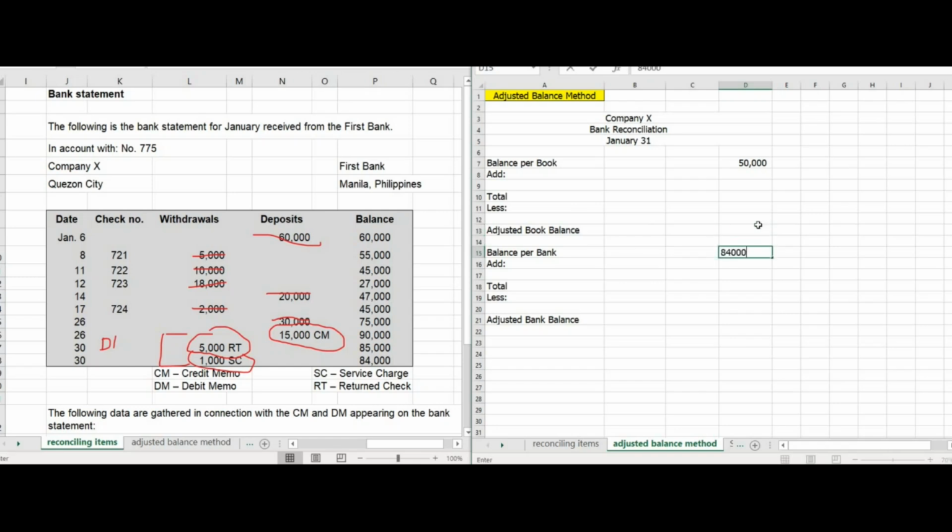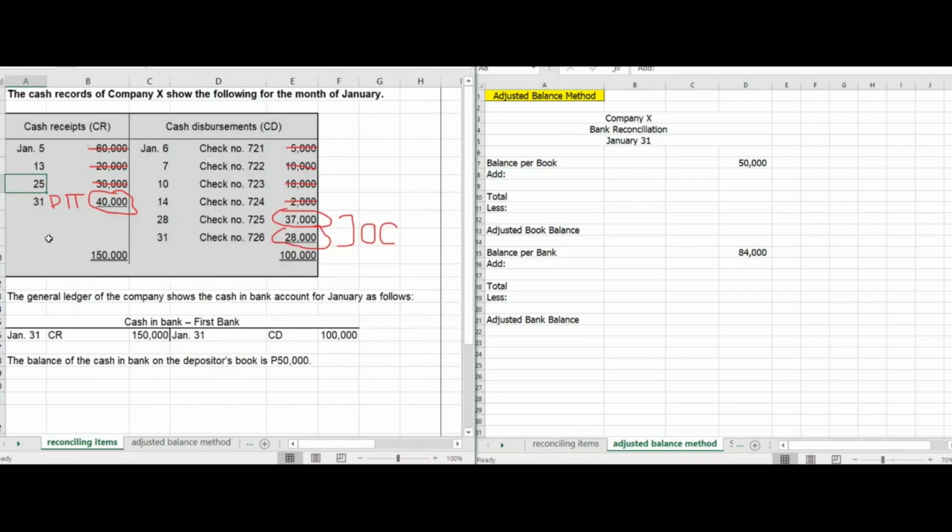Balance per bank. So, we're actually referring to unadjusted balance, no, per book and per bank. So, ito yung mga balanse. Now, after that, no, identify na natin kanina yung mga reconciling items. So, let's start with our bank reconciling items.